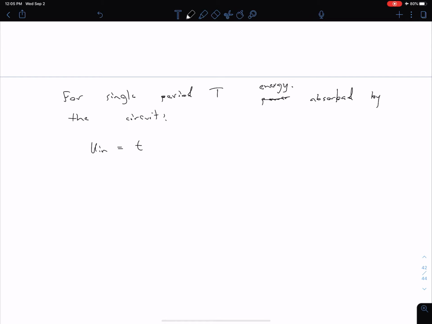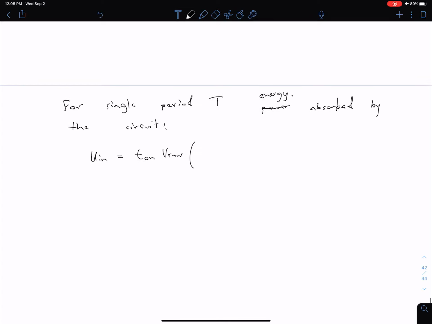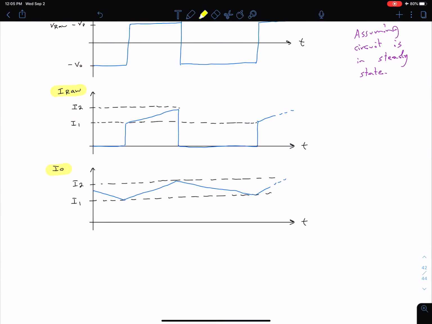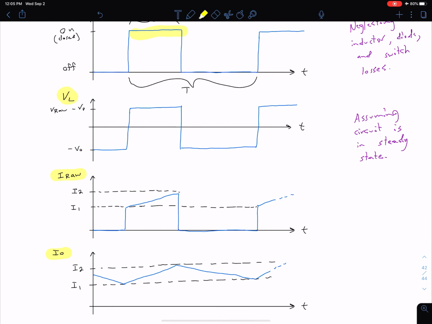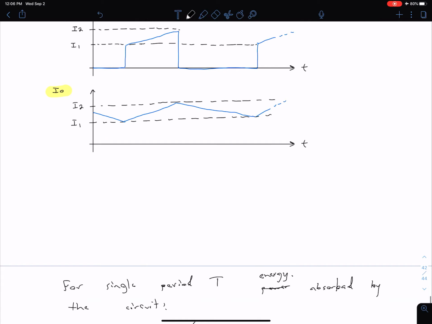So our energy in, though, is going to be T_on, so how often that switch is closed, times our V_raw, so we're looking at the input side. During this input time, T_on, we have V_raw on our input, and then for our current, we can do the average of I1 and I2. So let's come down here and do that.